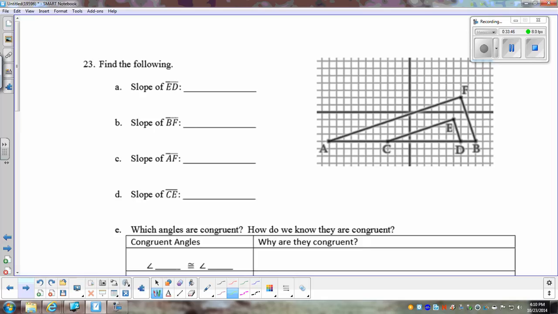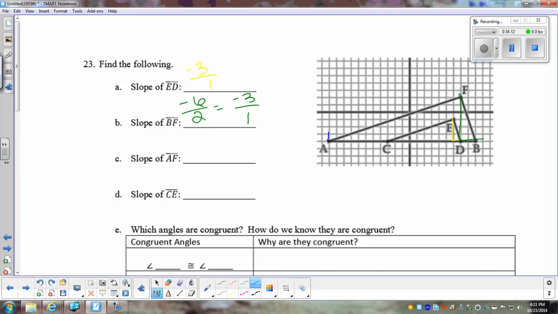23. All right, so this is one of my coordinate plane ones. I need to find each of these pieces. The slope of ED, I had to go down 3 and then over 1. For BF, I had to go down 6 over 2, which simplifies to negative 3 over 1.